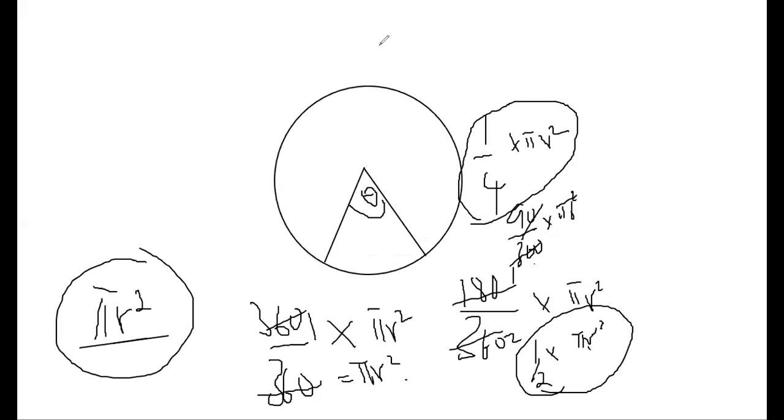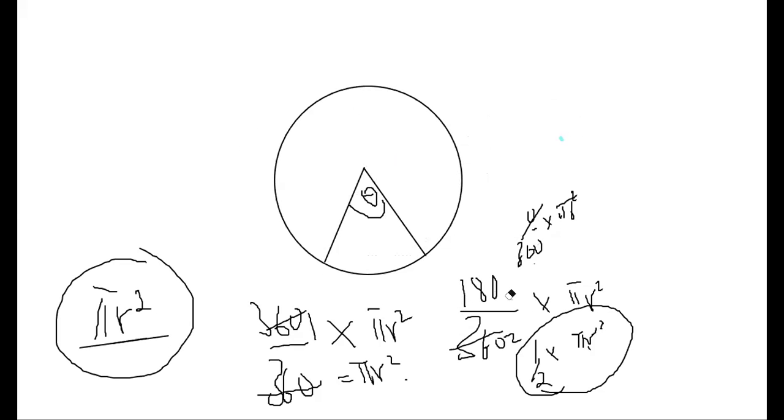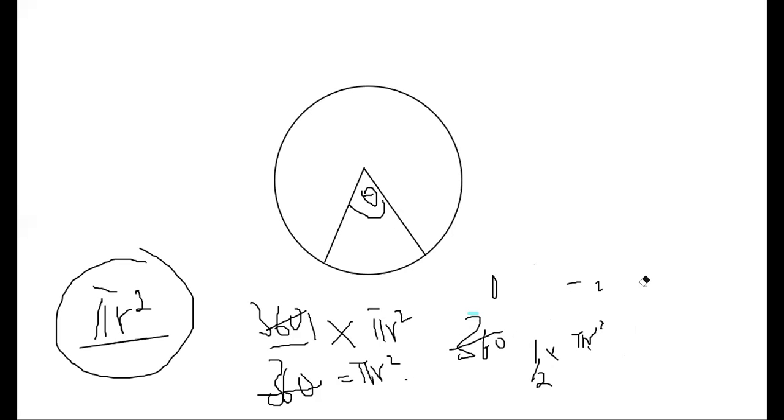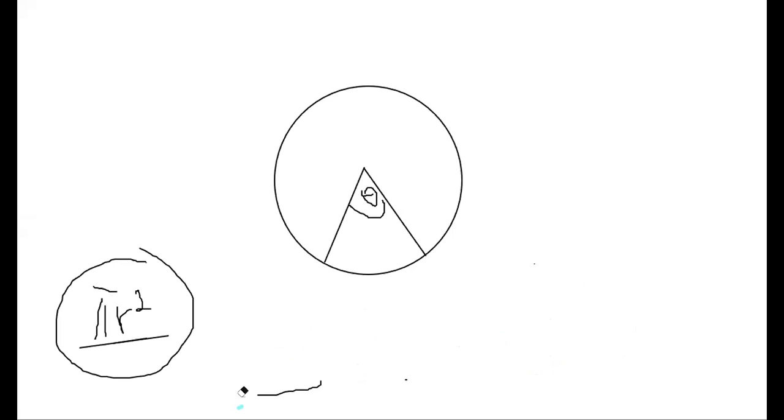Is that okay? With an unknown angle that we term as theta, we'll be multiplying the theta over 360 by pi r squared.